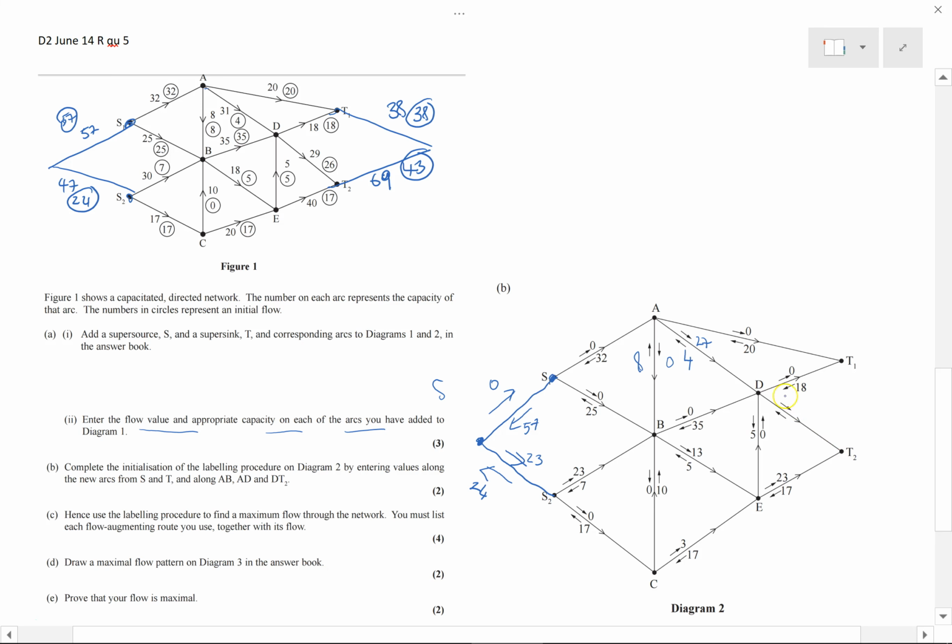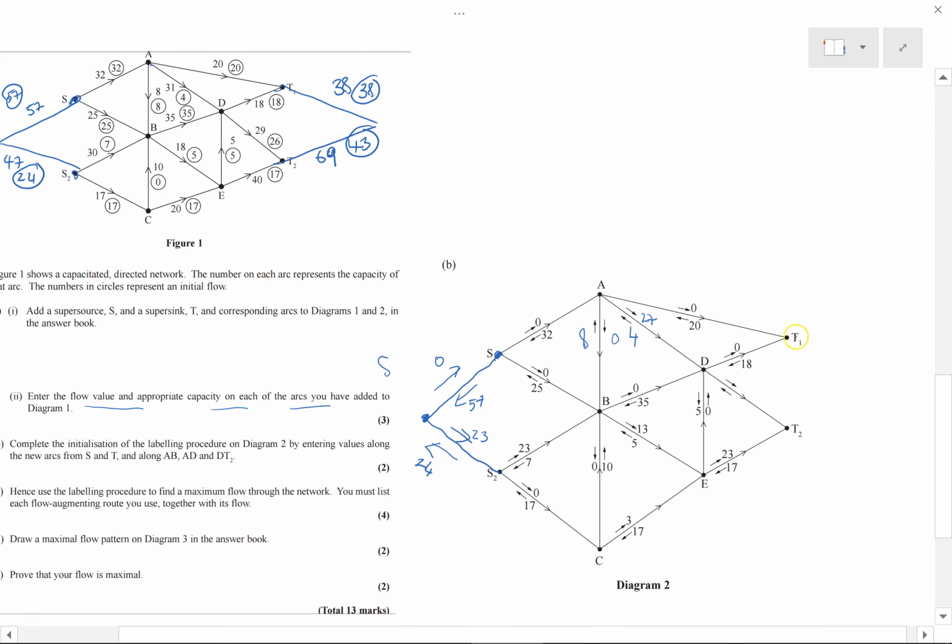From the super source, we've got a flow of 20. The actual flow is 43. Well, I've not actually added the super source on this diagram yet. Let's do that.